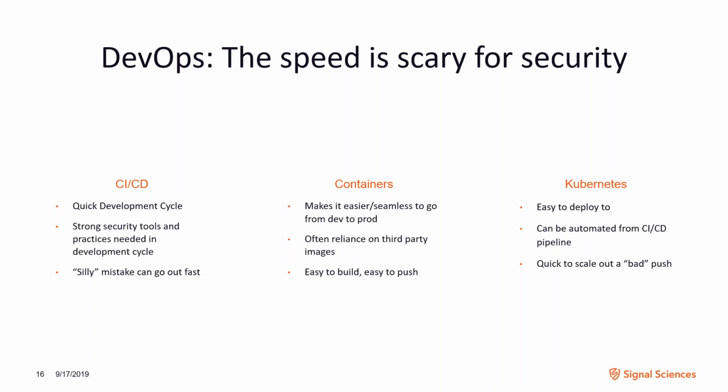You can do commands easily, but you can also automate it into the tools out there for CI/CD, and you can also scale out very quickly. It does mean that, as I've talked about with my silly mistake, scaling out can happen in a very quick fashion. But on the flip side, if you have a fix, you can also scale out and deploy that fix very quickly. So some of these challenges were harder in the past.